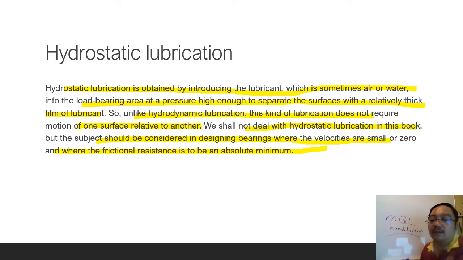Okay, again, hydrostatic is a topic by itself. It does not cover in this topic, but if you want to learn better, start with minimum quantity lubrication using nano lubricant. It is a kind of hydrostatic lubrication.